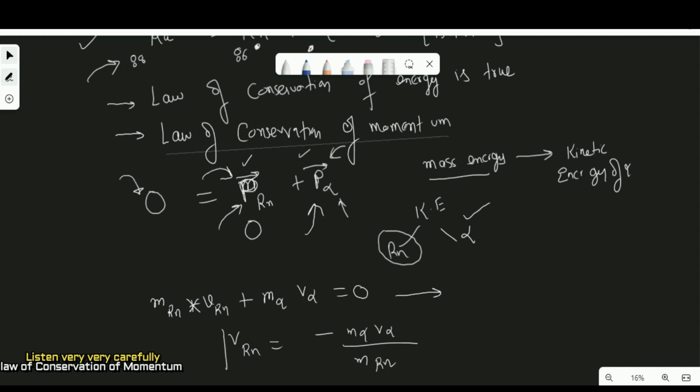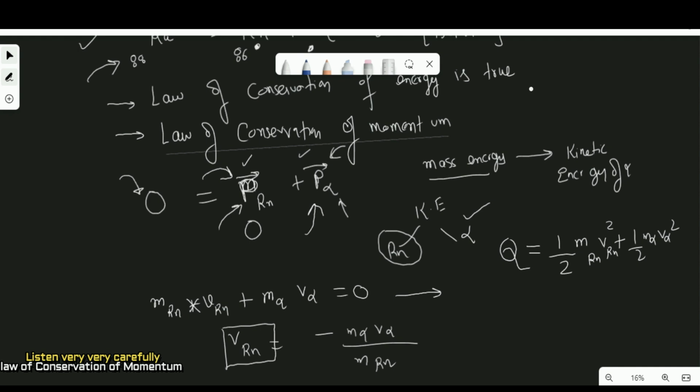So now you know the velocity of the daughter nuclei, and you know the kinetic energy. You know the disintegration energy which you found so far. What you do is write it as the kinetic energy which is split between Rn and the alpha particle.